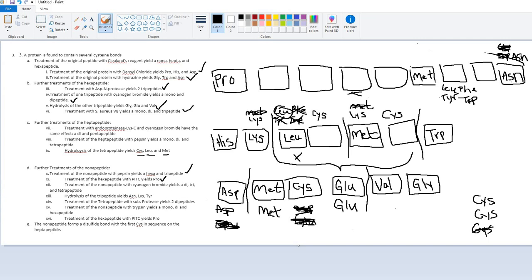And we also know that this tripeptide contains a lysine and a tyrosine, so that narrows down which one of these 4 amino acids goes here, which is the tyrosine. And then this also contains a lysine, which would go here.